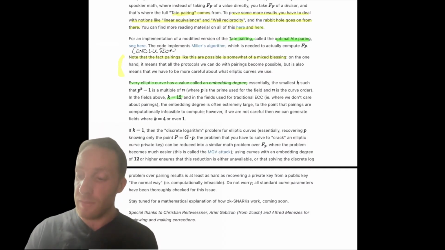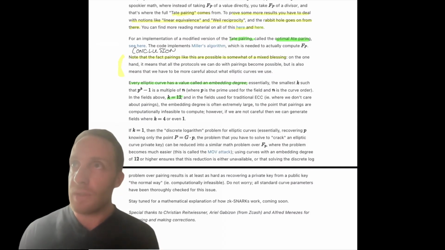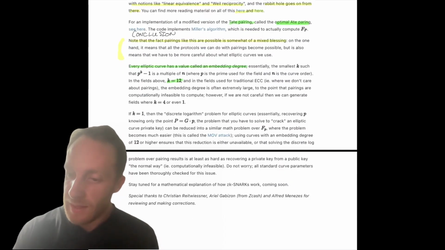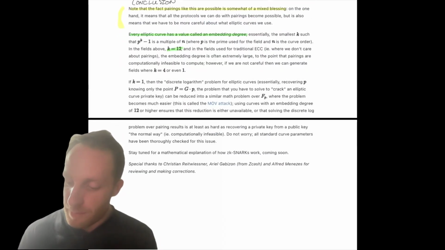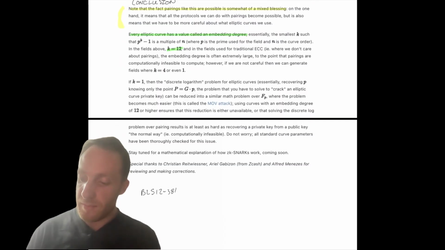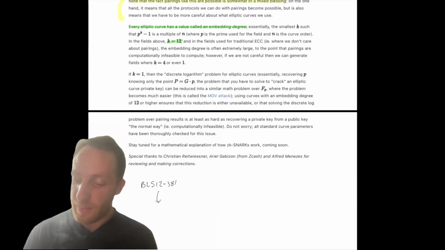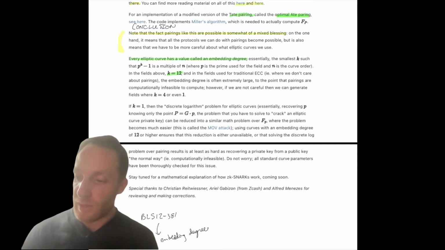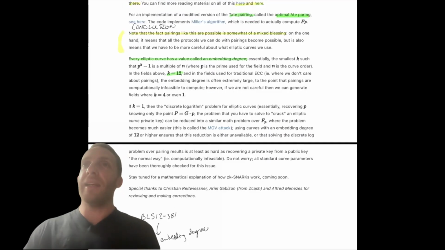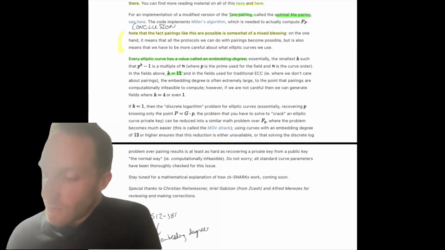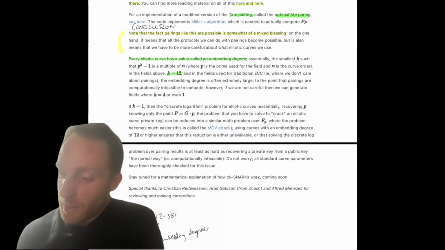The embedding degree is 12. Speaking of which, in BLS12-381, 12 is actually the embedding degree, which is a fun fact. And in the fields used for traditional ECC, where we don't care about pairings, oh right, okay, I see.